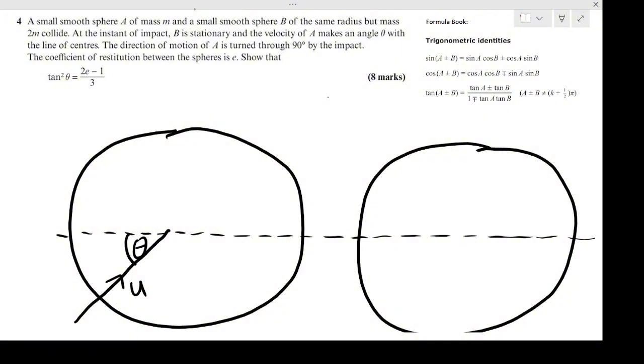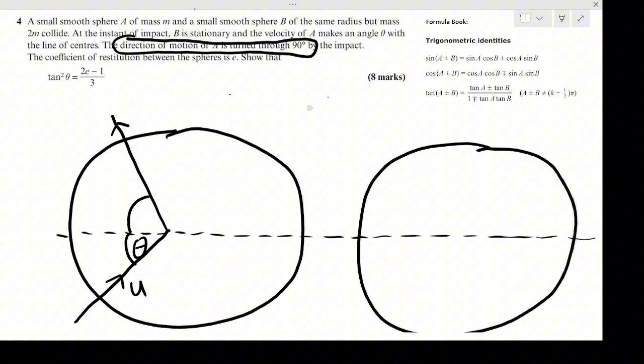Right, and then afterwards, you can probably presume it's going to rebound like that. Before, I could call this angle beta, but notice I'm told something: the direction of motion of A is turned through 90 degrees.